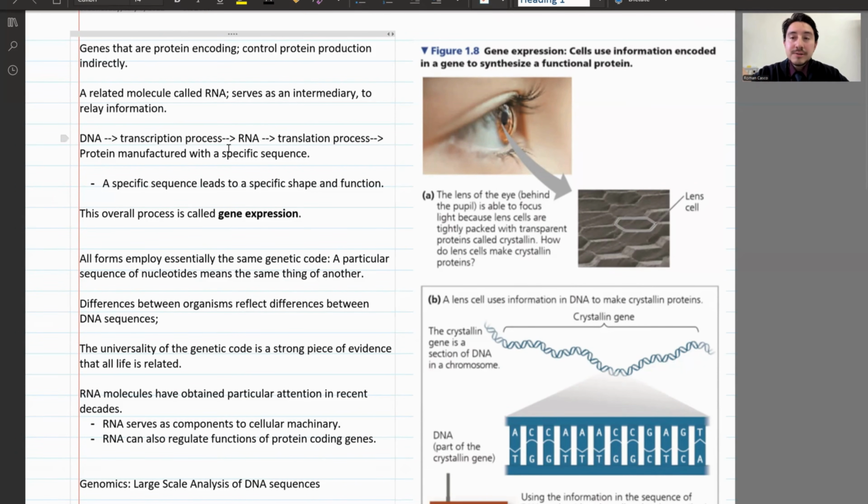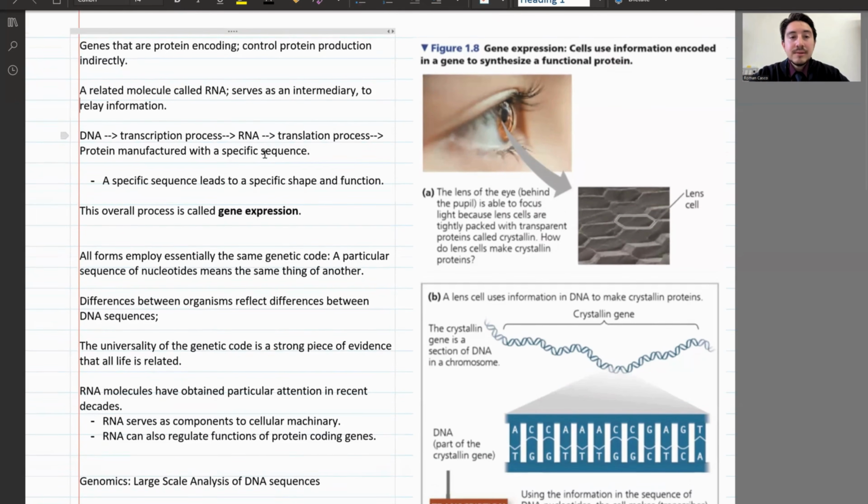That RNA molecule serves as a kind of temporary blueprint, which undergoes a process called translation, where a protein is going to be manufactured, right, in a particular sequence there. That overall process of getting information, passing it from DNA all the way to basically the factory, which is a ribosome, is referred to as gene expression.